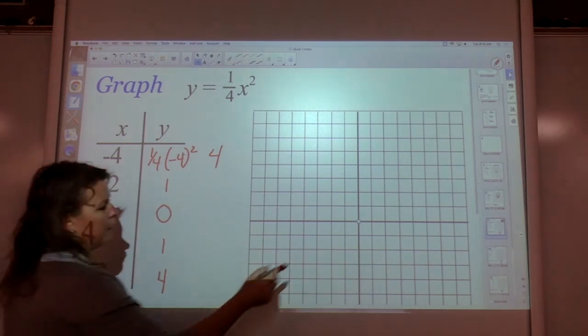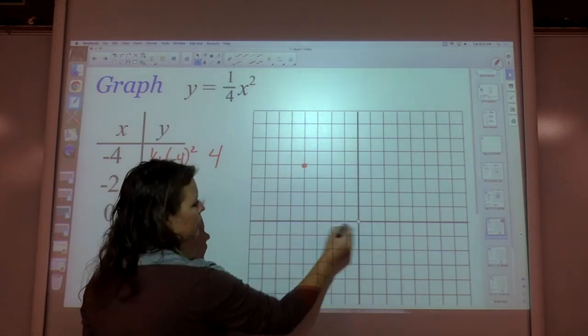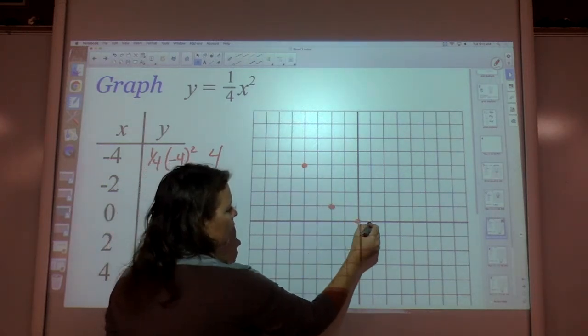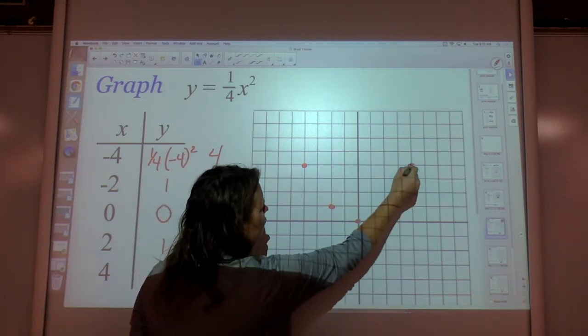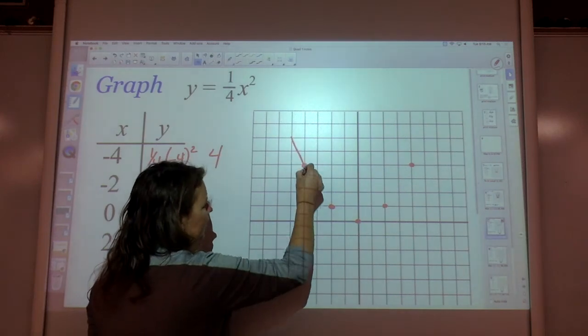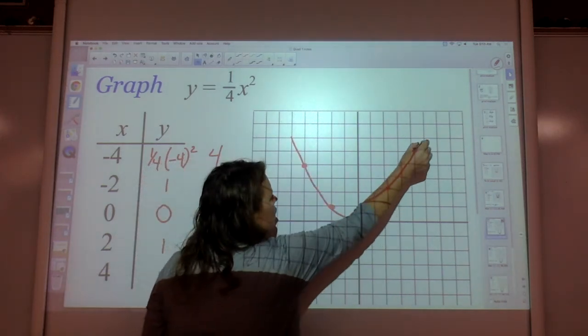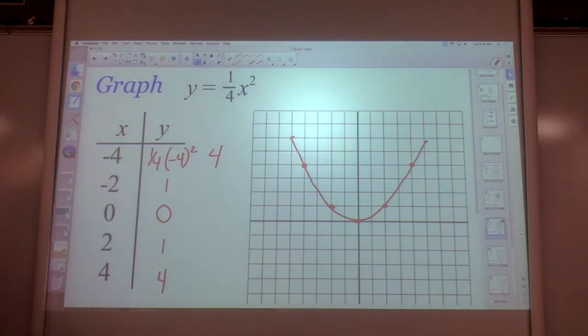So we're going to go left 4, up 4, left 2, up 1, 0, 0, over 2, up 1, and over 4, up 4. And you will again be asked to make a nice smooth parabola through the dots. Let it keep going past.